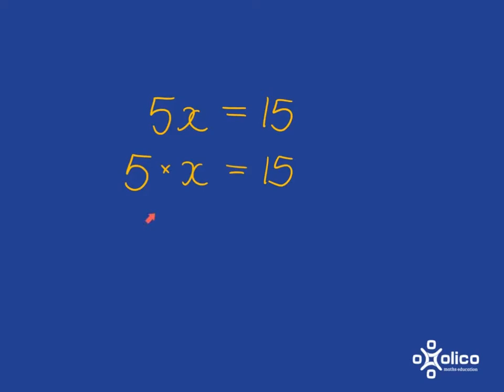A number multiplied by 5 is equal to 15. And hopefully you can easily see that the answer here will be that that number must be equal to 3. So the written translation of that is a number multiplied by 5 is equal to 15.